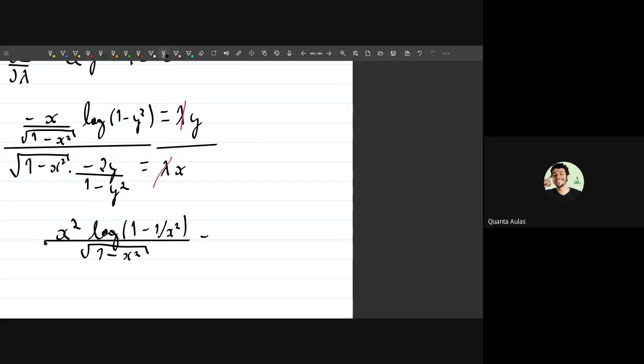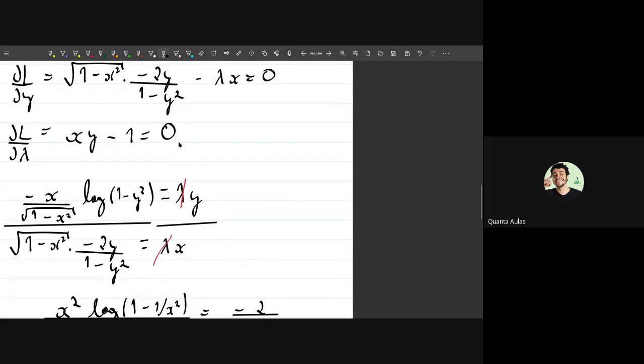Because we have two variables. No. We have one variable because I already substituted the value of y, because we know something about y.